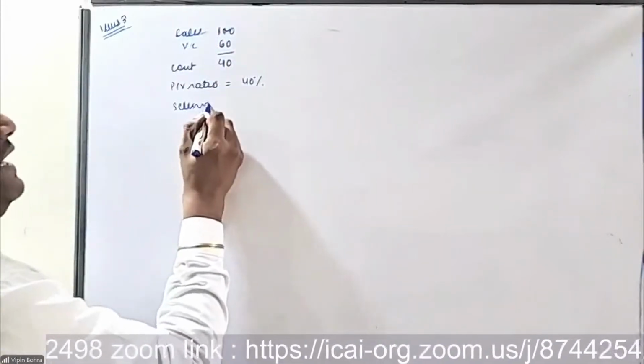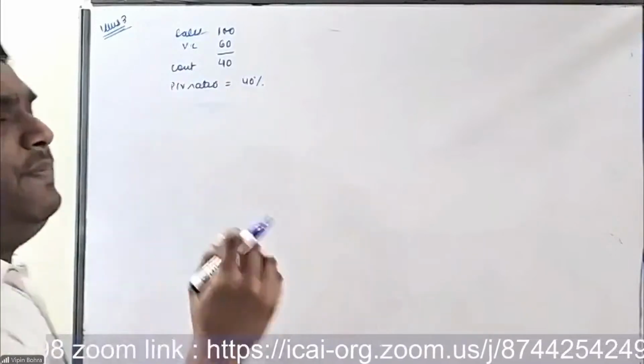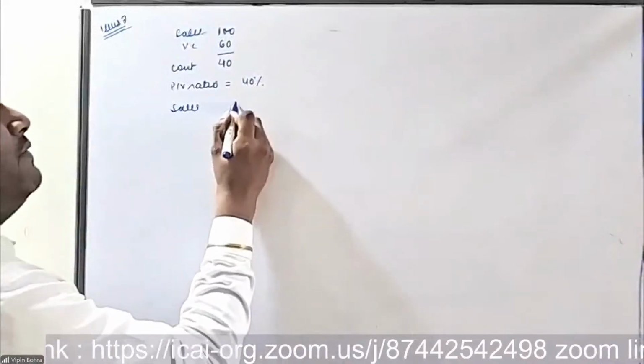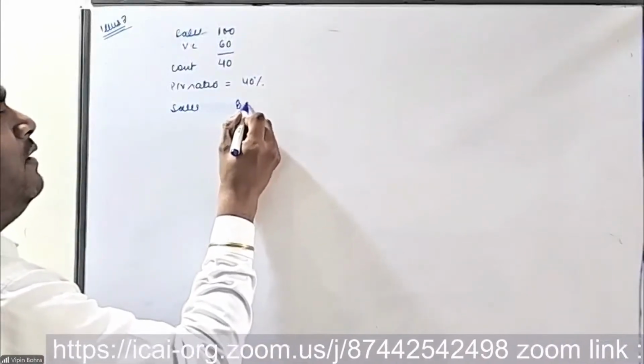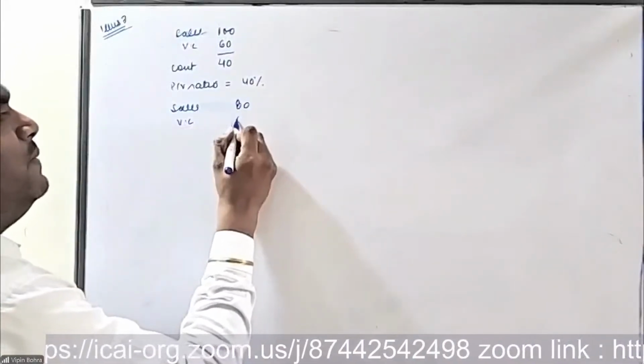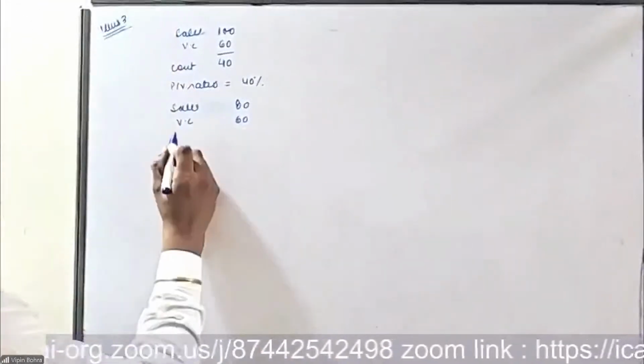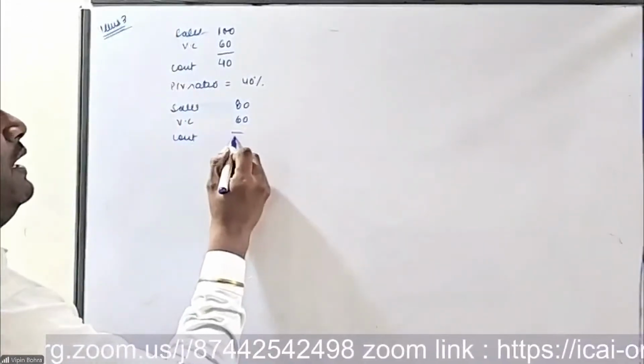If the selling price is reduced by 20%, my sales will be reduced by 20%. So my revised sales will be 80. My variable cost will be the same because there is no change in sales quantity. So my new contribution will be 20 only.